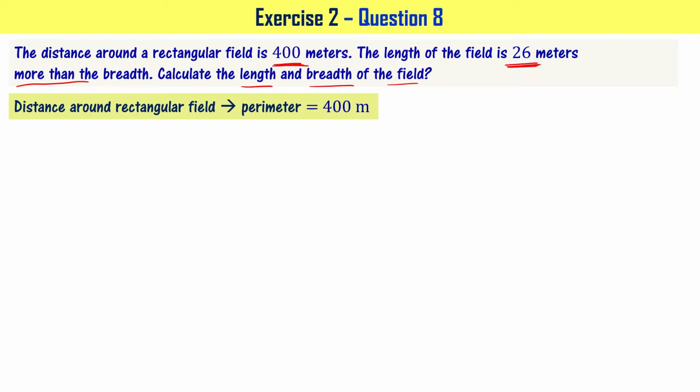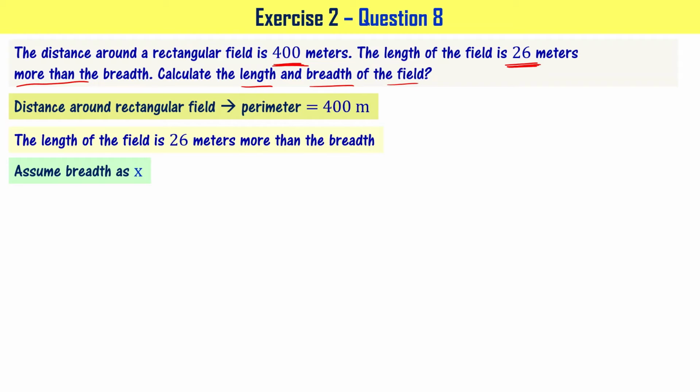Distance around a rectangular field means that is the perimeter of the rectangle, right? That is equal to 400 meters, given. The length of the field is 26 meters more than the breadth, that is given, right? Let us write this particular statement as an equation. To do that, let me assume the breadth as x. When I assume the breadth as x, the length is going to be 26 plus x, or x plus 26, right?